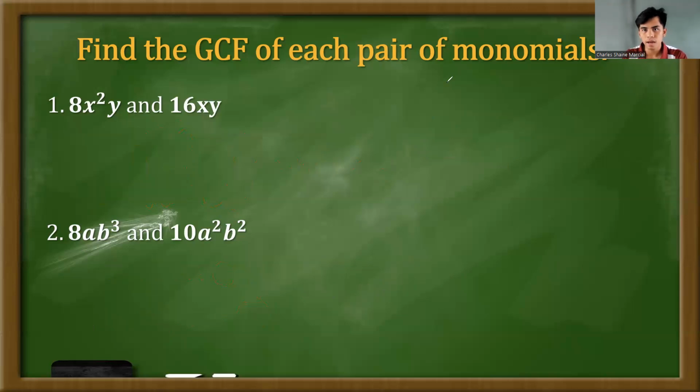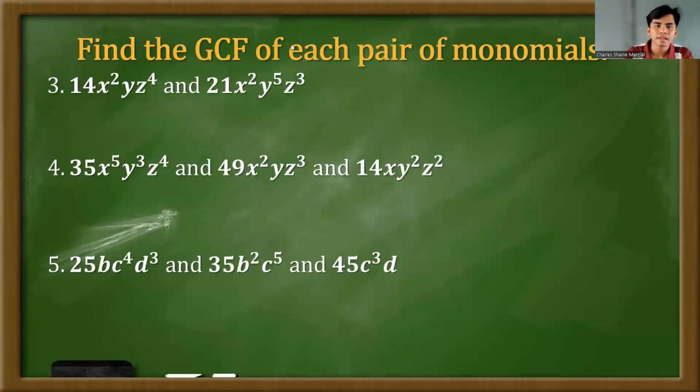Let me clear this one and proceed tayo sa next slide. Alright. So, try nyo ulit sagutan itong number 3 sa papel nyo bago nyo panoorin or i-continue manood dito sa video. Alright. I am assuming again na tapos na kayo magsagot sa papel nyo. So, we have 14x squared y z raised to 4 and 21x squared y raised to 5 z cubed.